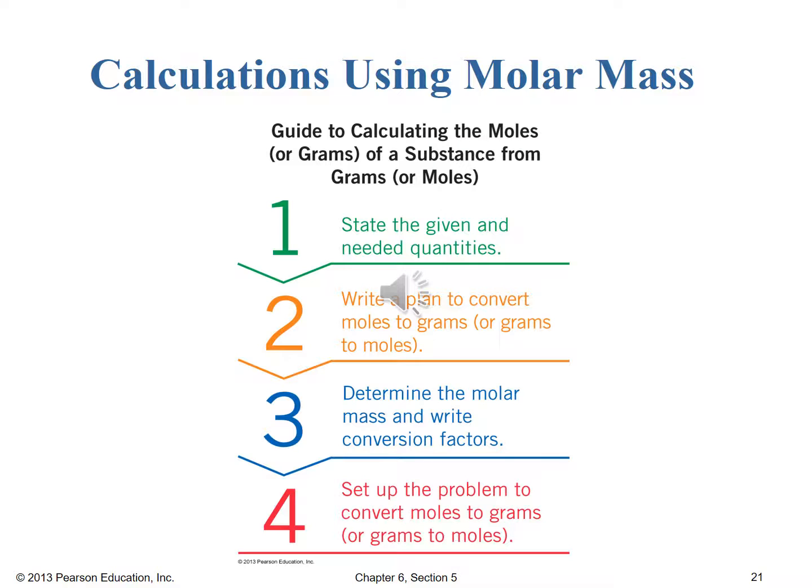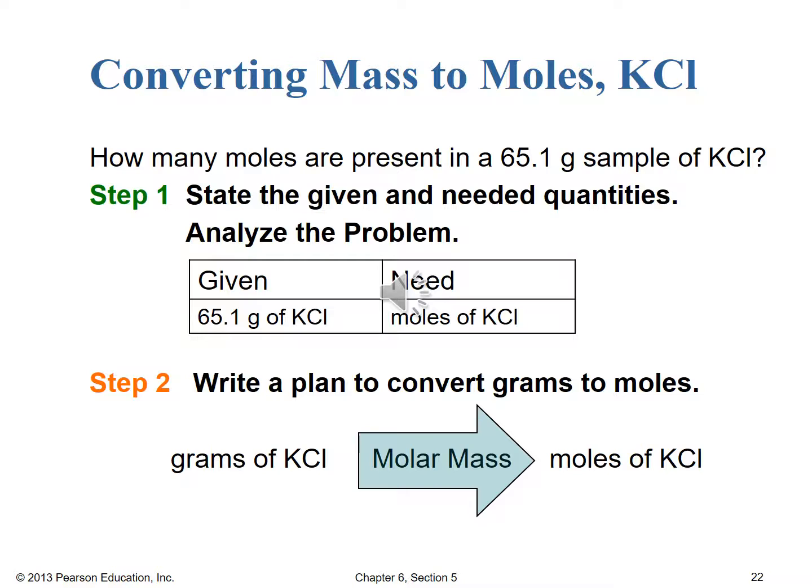Then we'll follow up with a plan to convert grams to moles or moles to grams, depending on which direction we're headed. Third, we'll determine the molar mass and write conversion factors. And then finally, in our last step, we'll set up the problem to convert moles to grams or grams to moles, depending. So here we have an example converting mass to moles for potassium chloride.